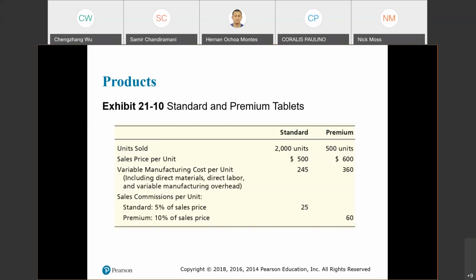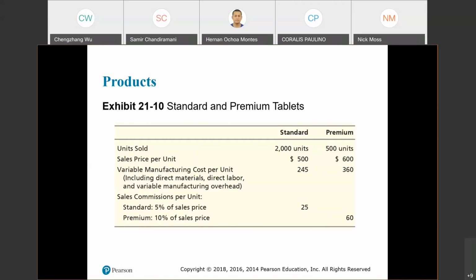As I said, Smart Touch Learning is selling two types of tablet computers. The first type is the standard type, and the second type is the premium model, where the premium model has several superior features, including a larger screen, a faster processor, longer lasting battery, and more specialized software programs.